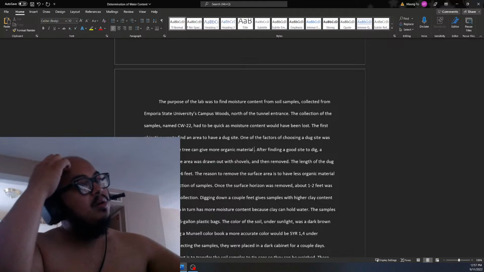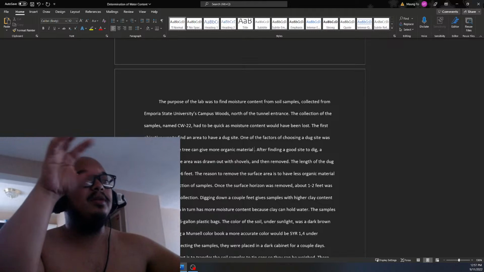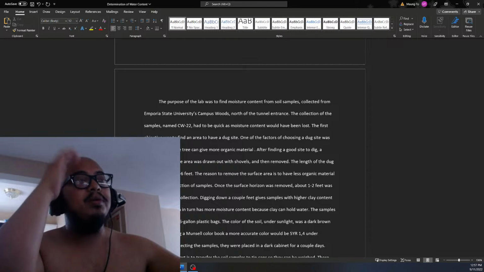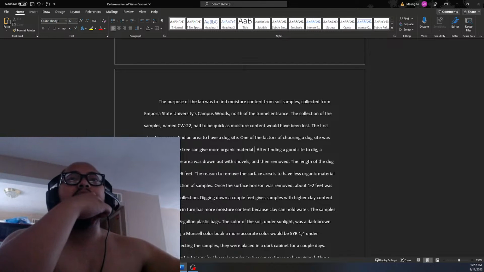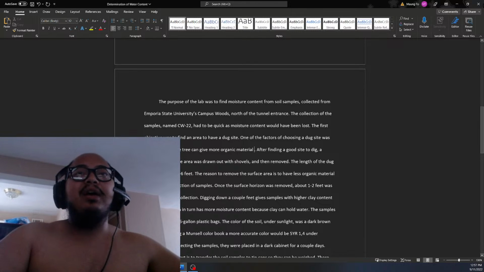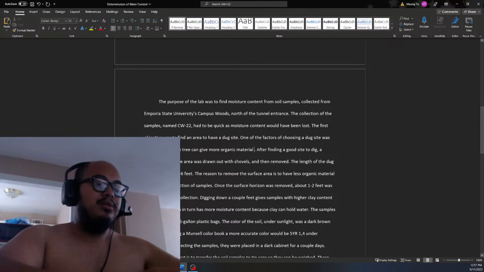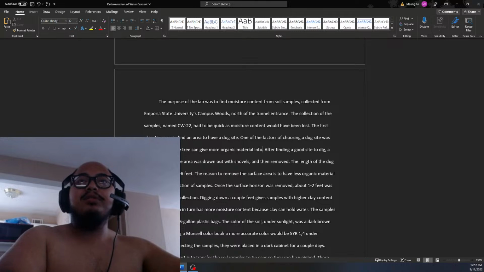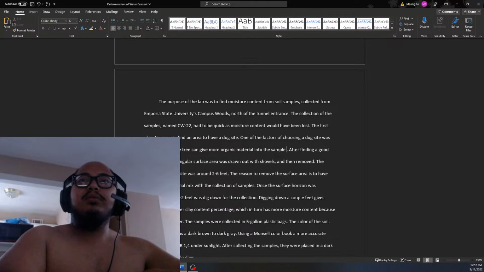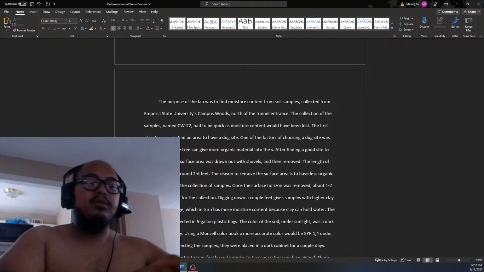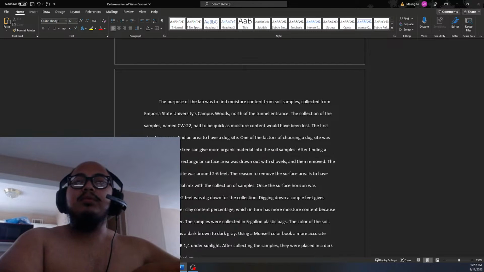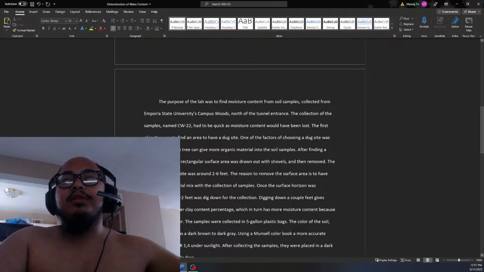Well, the reason we don't want roots of the tree is because we want the topsoil. We want the soil to not have as much. I'm trying to word that out. So roots of the tree can give more organic material into the soil samples.